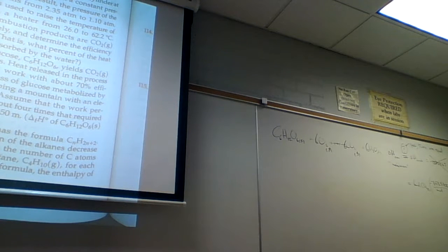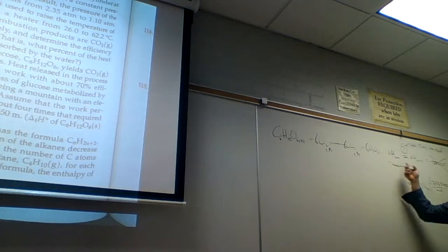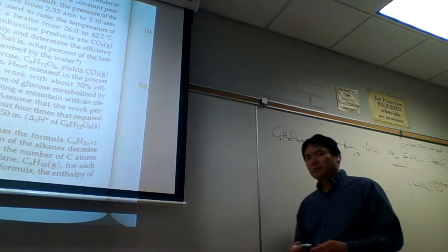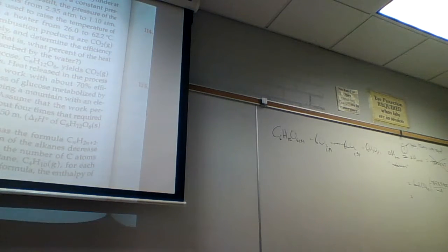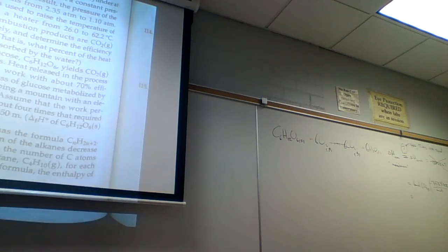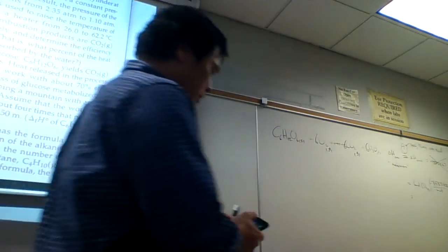And then we have 6 moles of O2 times, what's the delta H of formation for O2? 0. So that drops out. And so we can figure out what the heat of metabolism or the heat of reaction or the heat of combustion is for this. This is all the same. So let's go ahead and calculate that.